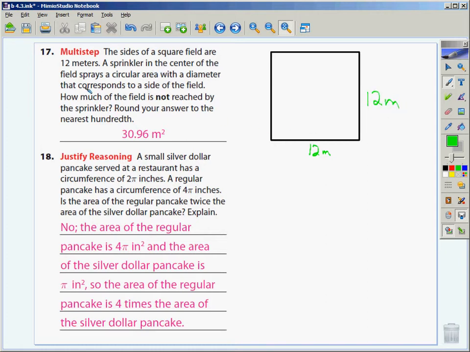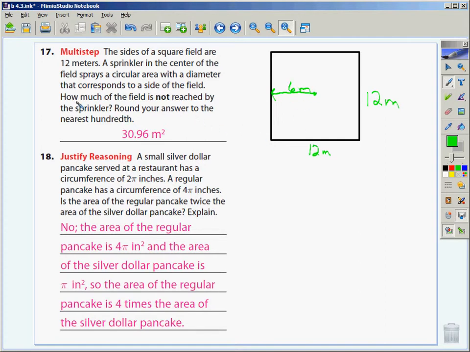A sprinkler in the center of the field sprays with a circular area with a diameter that corresponds to a side of the field. In other words, they're saying my radius is going to take me all the way out to here. How far is it from the center to the outside of this square? It's not 12, it's how far? 6.